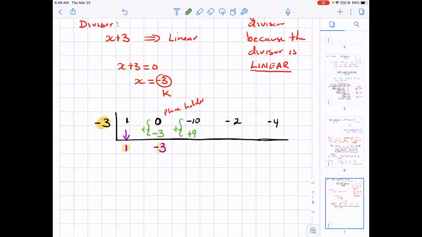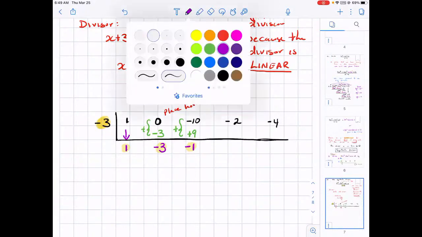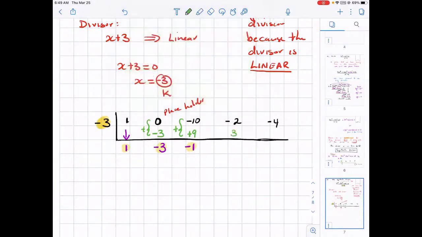So minus 10 plus 9 becomes negative 1. And we multiply again. Negative 1 times negative 3 becomes positive 3. And we add again. Negative 2 plus 3 becomes positive 1.